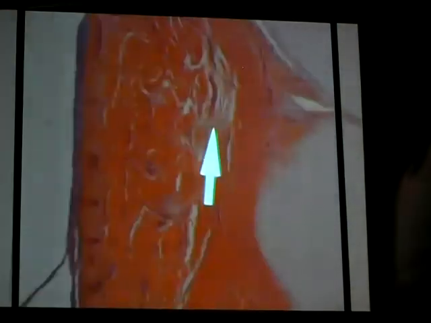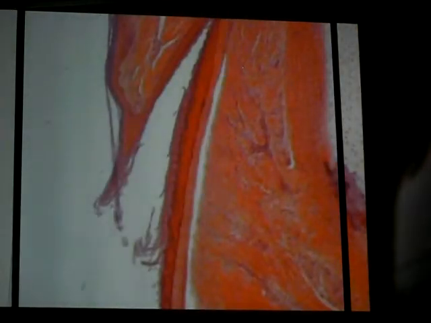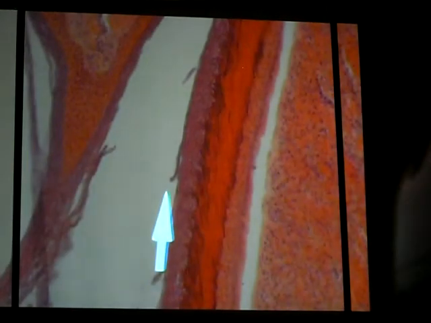And then as we move upwards here, you have this layer of keratinized cells that forms what's called the nail plate. That's going to be your actual nail that's sitting on top of the fingers.